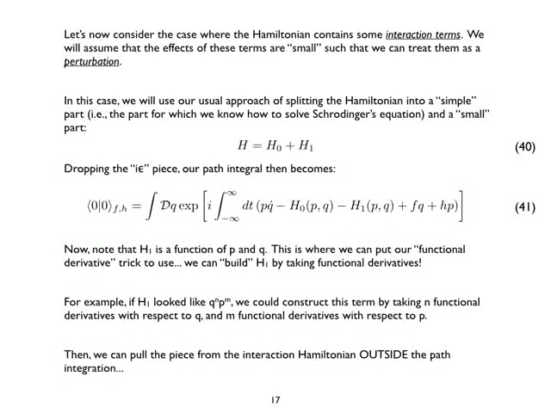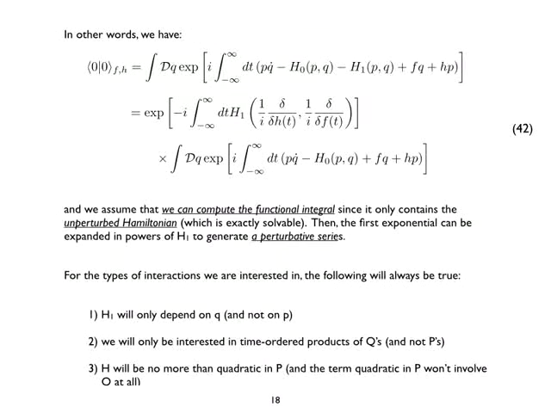And so we wrote down our new Hamiltonian, our new path integral, with h0 and h1 in there. And then we said, if h1 is only a function of p and q, we can actually use the functional derivative trick to build this term. We can write it not as a function of q and p, but as a function of these functional derivatives.